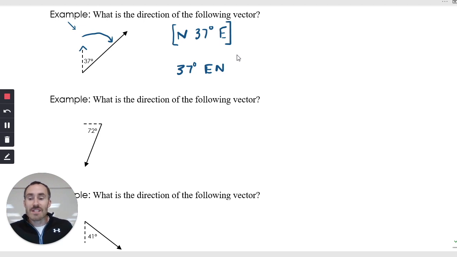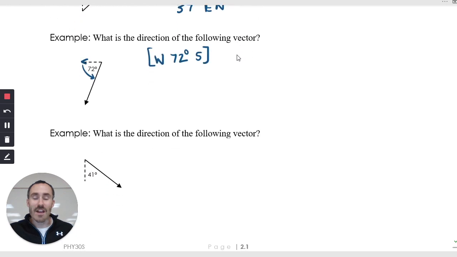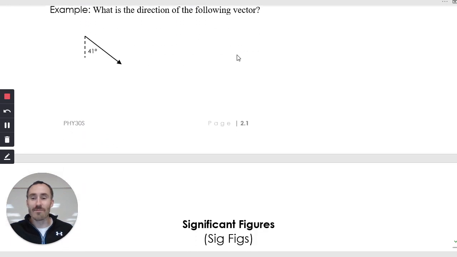The direction of the second one, we started pointing west and we rotated toward the south, right? We started west and we rotated 72 degrees toward the south. And again, you are welcome to see if you can use the other ones just as well.